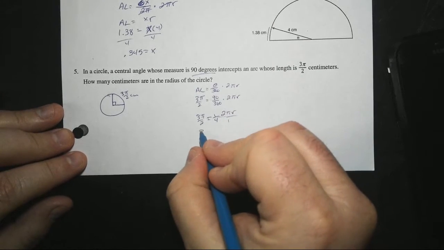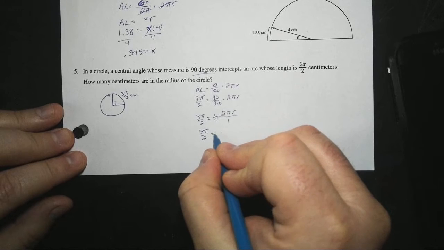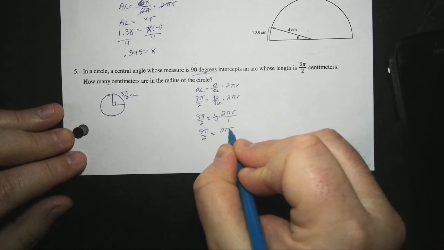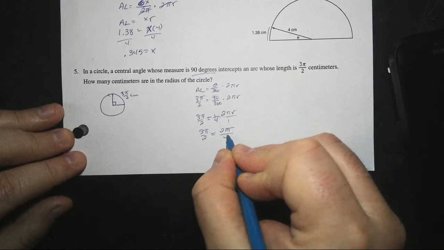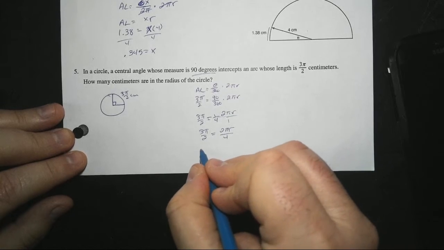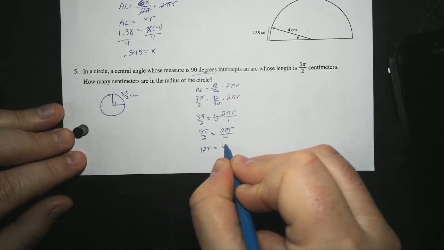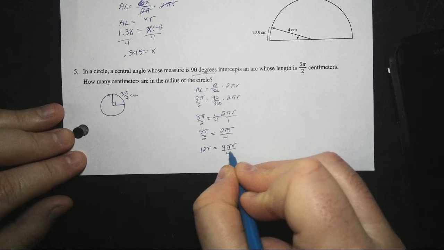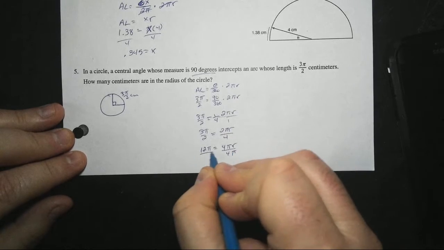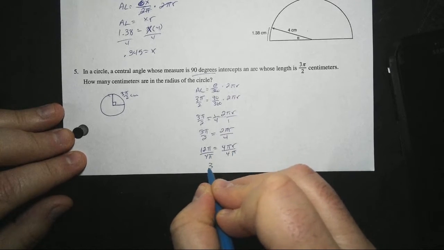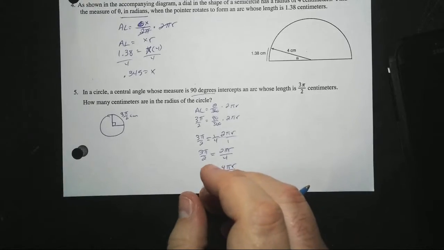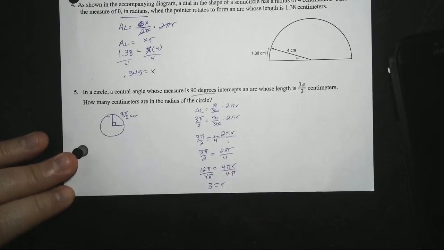So 3 pi over 2 is equal to 2 pi r over 4. You can cross multiply, so 12 pi is going to equal 4 pi times the radius. We divide by 4 pi, and you're going to get 3 is equal to r. All right, and that's going to be the answer here.